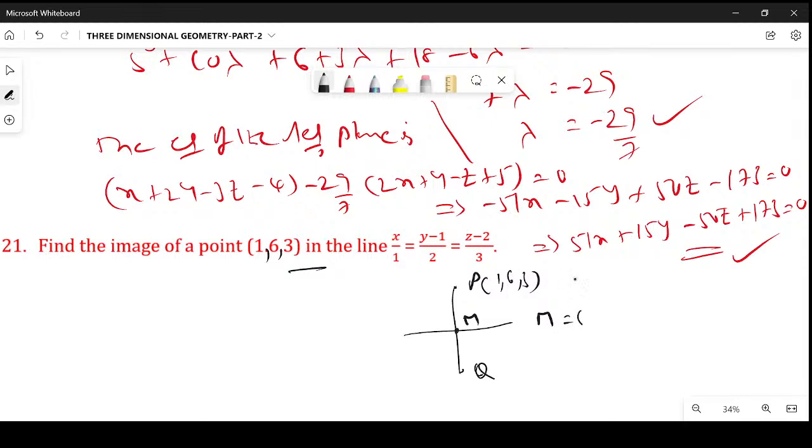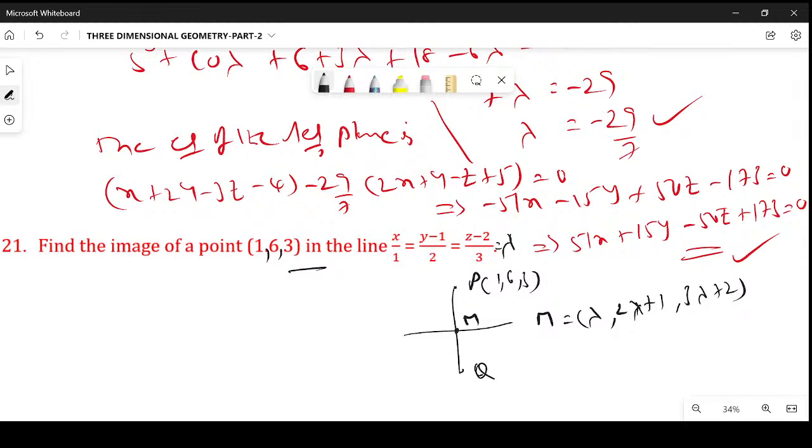If you take the parameter as lambda, the general point will be lambda, 2 lambda plus 1, 3 lambda plus 2.